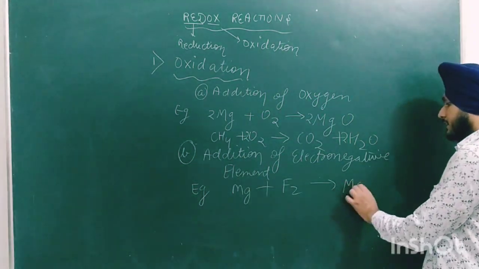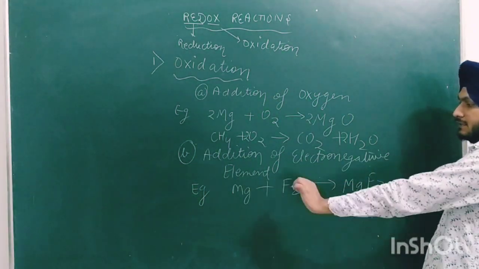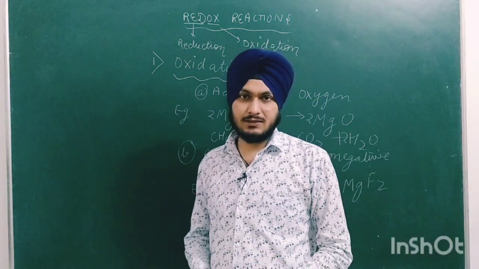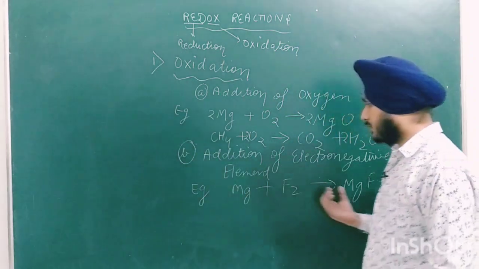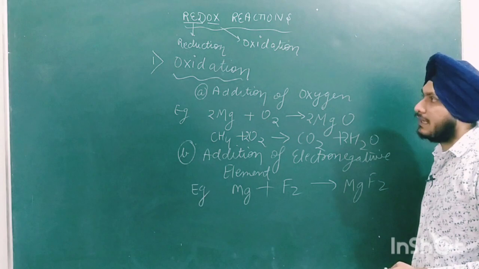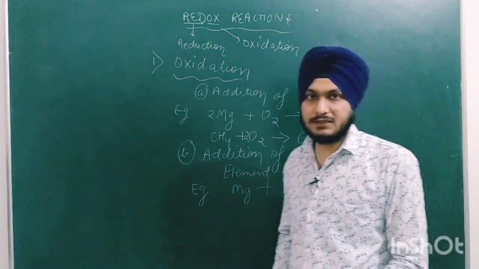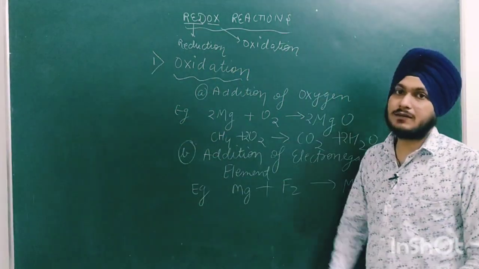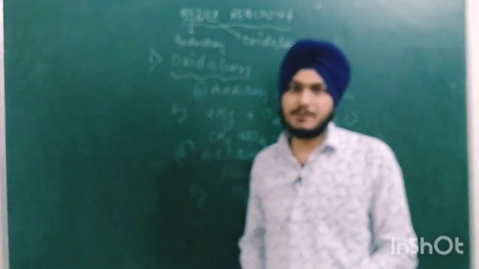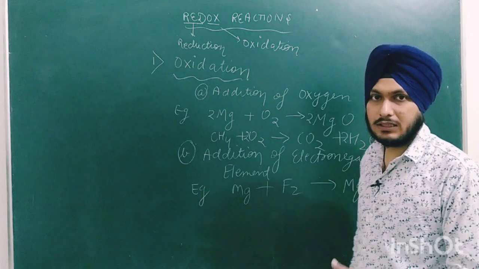So this reaction is known as an oxidation reaction. I will tell you why it is oxidation in the next type of definitions. This is the classical form of definition. Then we will move on to the electronic forms, based on the electrons.